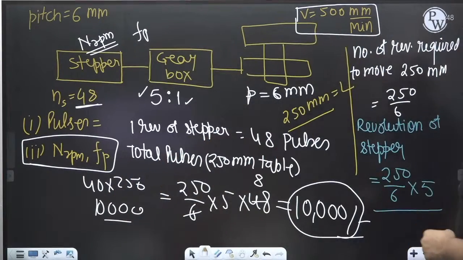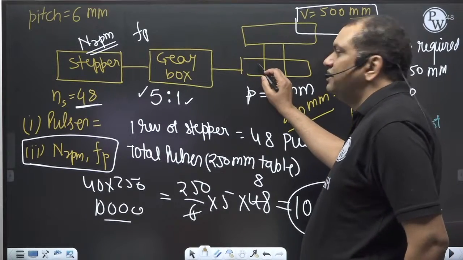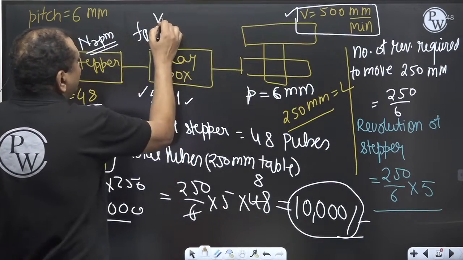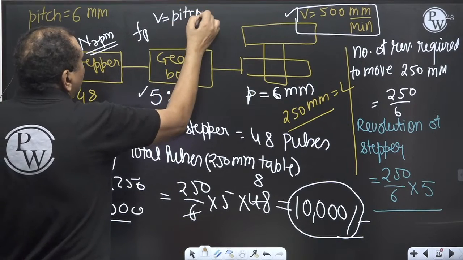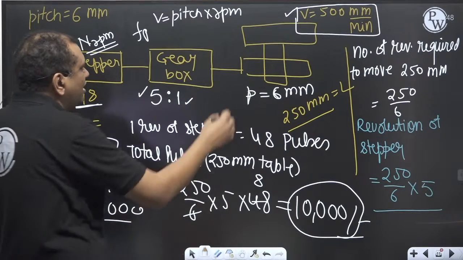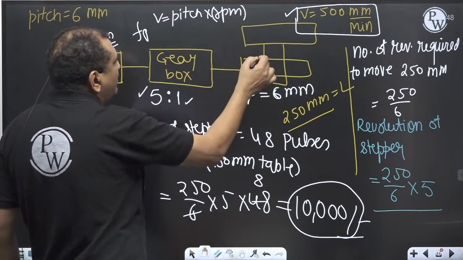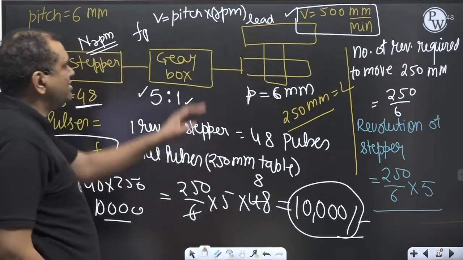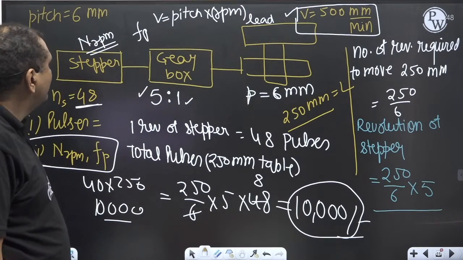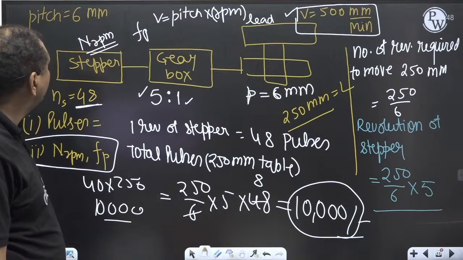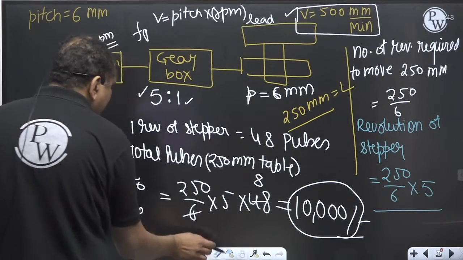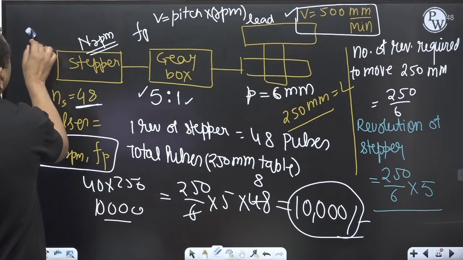So what I told you, velocity is nothing but pitch into RPM. This is the RPM of the lead screw. That's the formula. Velocity is nothing but pitch into RPM of lead screw. Shall we take the next one, or is this okay? No, here only we will do, so that it is on one slide.